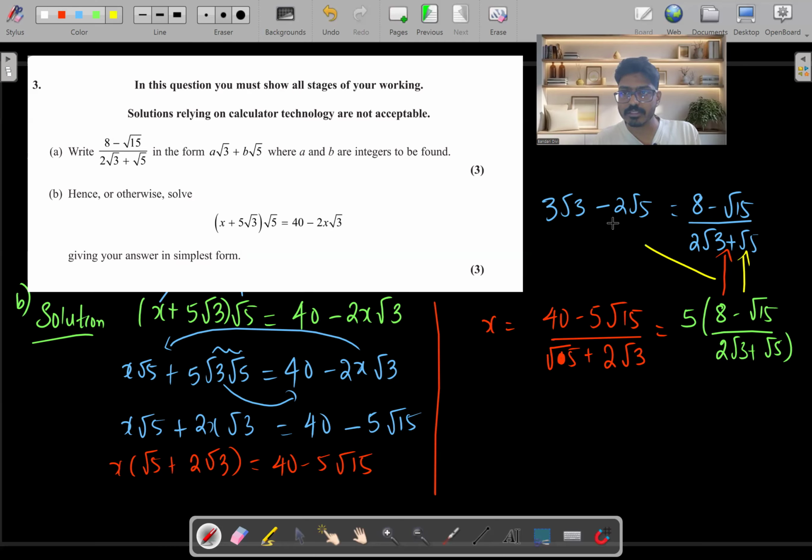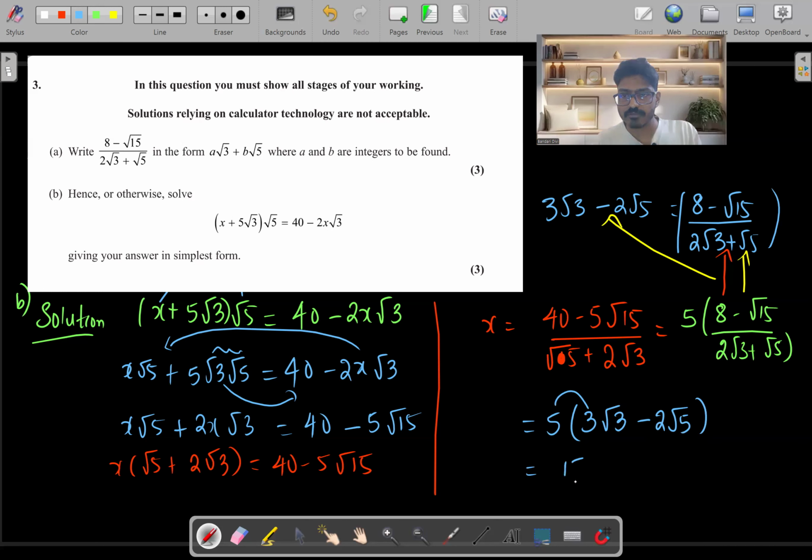So I can replace that with the given question. So I can rewrite this as 5 multiplied with, in the place of 8 minus root 15 divided by 2 root 3 plus root 5, it can be replaced as 3 root 3 minus 2 root 5. This can be further solved.